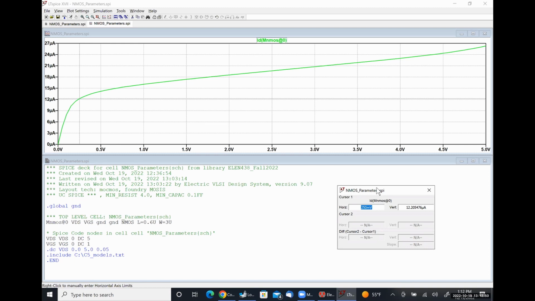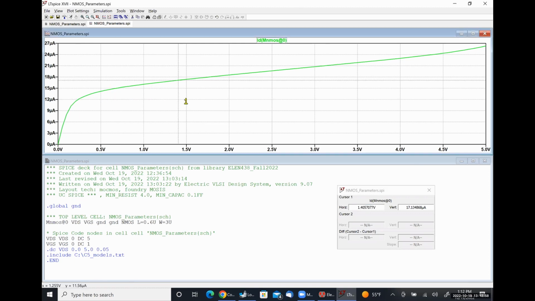Close parentheses there. So I am going to be lazy-ish and just bring this over to, let's call it 2 volts. So VDS is equal to 2 volts. ID is equal to 18.5 microamps.